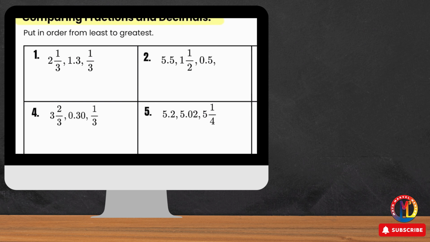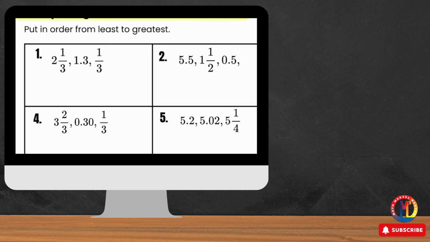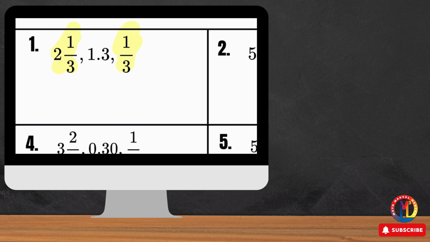Okay, so we're going to keep the idea where we're going to convert these fractions into decimals and then compare them. We're going to put them in order from the smallest number to the biggest number, least to greatest. So let's start here with number 1. We have 2 1/3, 1 3/10, and 1/3. And some of these you might be able to identify right away.